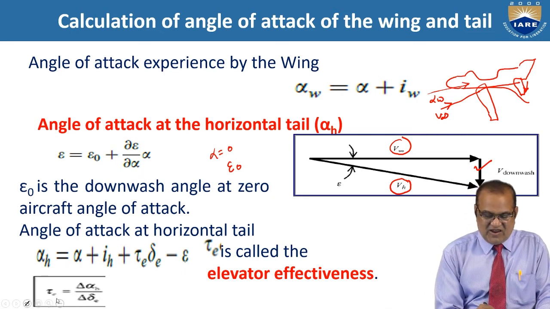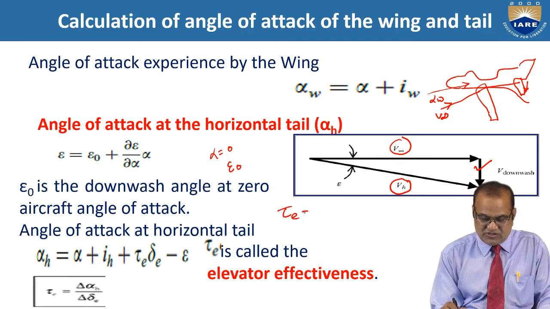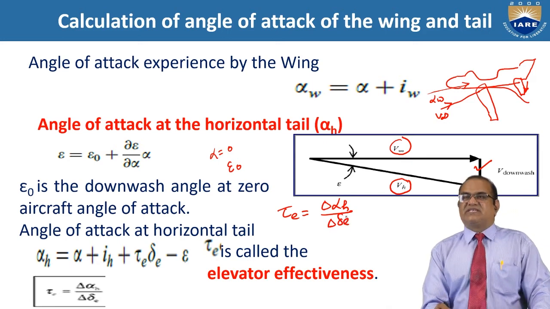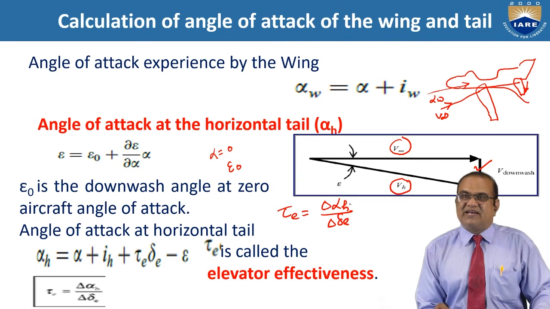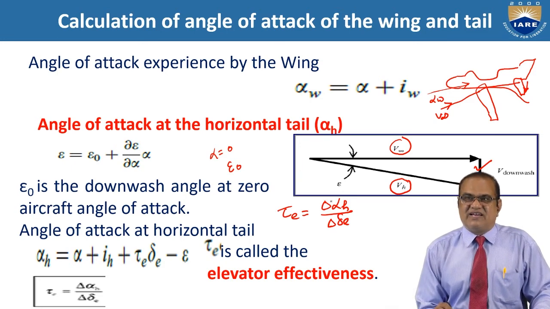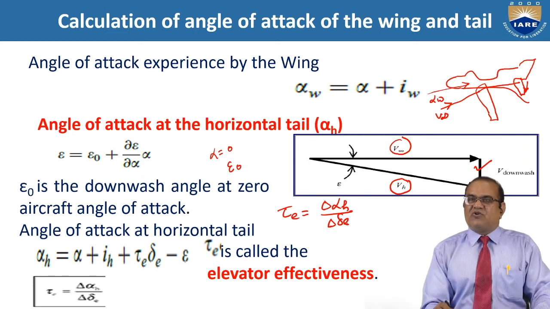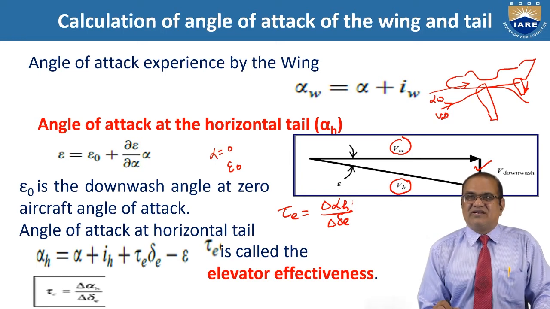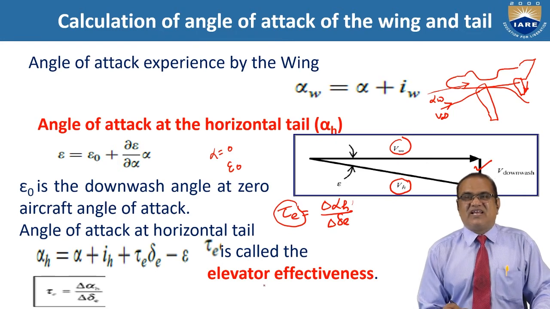It is called the elevator effectiveness, tau E equal to d alpha H by d delta E. It is the ratio of the change in angle of attack divided by the change in elevator deflection. How much you change the elevator and how much the angle of attack changes, that ratio is called tau E, the elevator effectiveness.